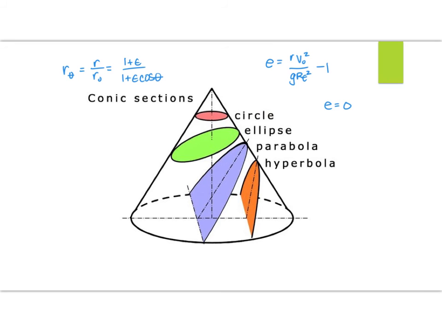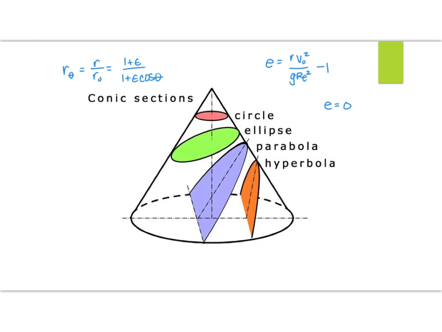Actually, the solutions are what we call conic sections. And which conic section they are depends on the value of E, which is the eccentricity. If the eccentricity is 0, then we have a circular orbit.